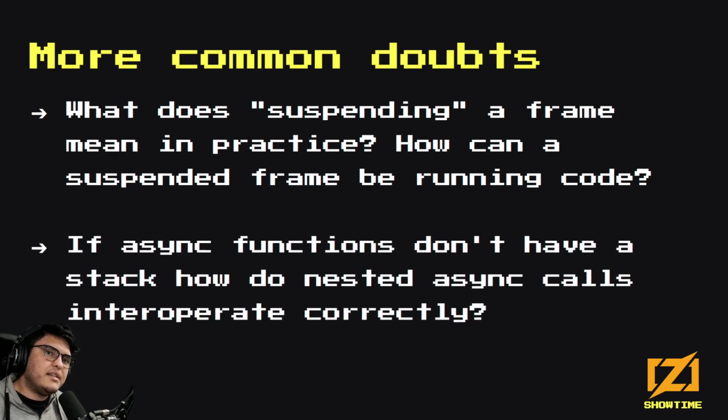Another question that I heard is, if async functions don't have a stack, how do nested async calls interoperate correctly? That's another interesting question, because if you have a bunch of async functions that call into each other and they suspend at different points, and a frame can be resumed by another thread, are threads swapping stacks around or what? I think some other languages do this stuff, but in Zig it doesn't happen.